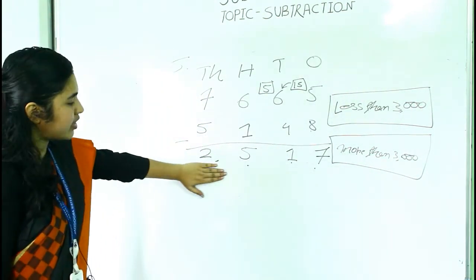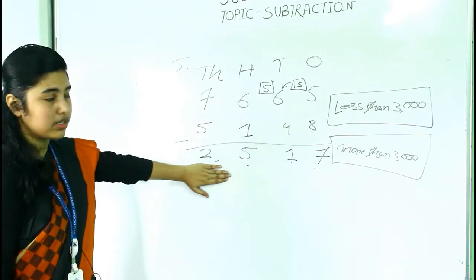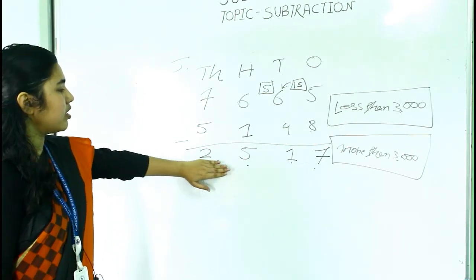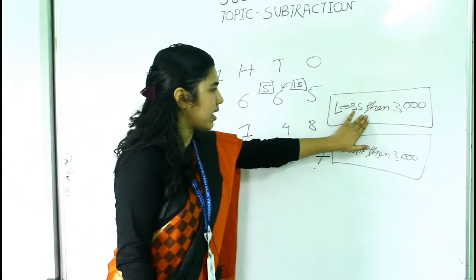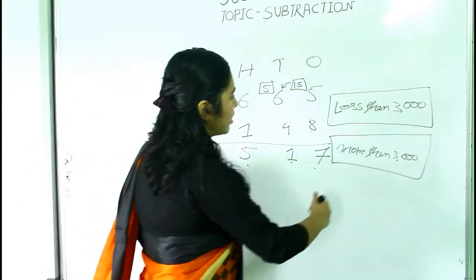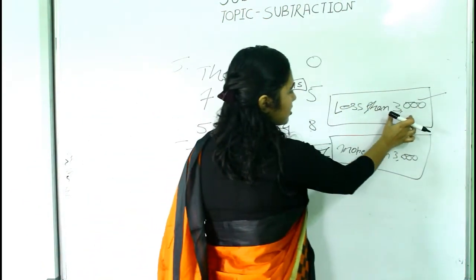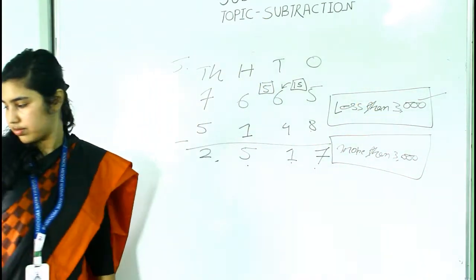Here our difference is 2000. That means clearly 2000 is less than 3000. So take this one because this is the right option.